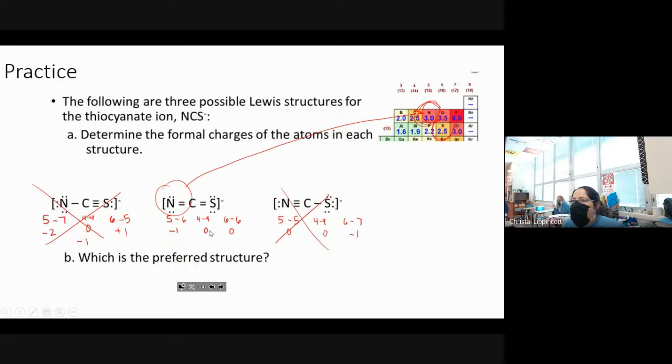Like with this guy over here. We couldn't build this and make this work. It wasn't possible. So a negative charge had to go on something. And if that is the case, then the negative charge needs to be on the most electronegative element in that group. Okay?